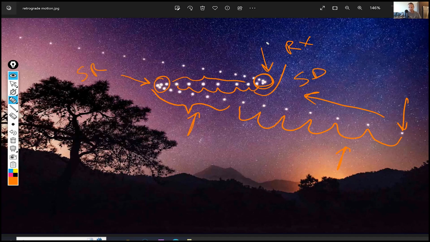And then if you kept going outside and tracking it, you would see that it starts going forward again. Track it here, and you're like, okay, it's back on track again. It's going forward again. And so this is the pictorial of that motion and what it actually symbolizes in your chart.